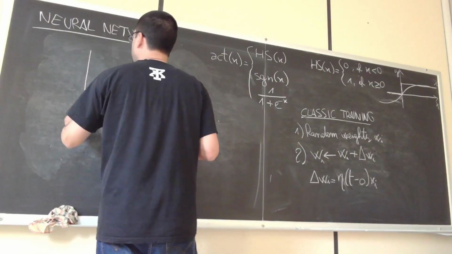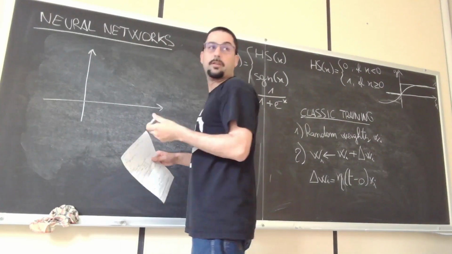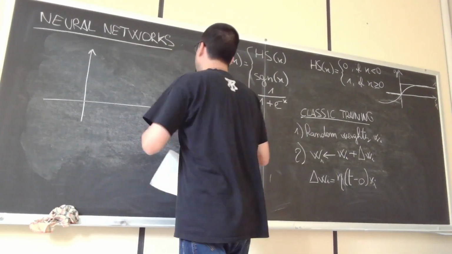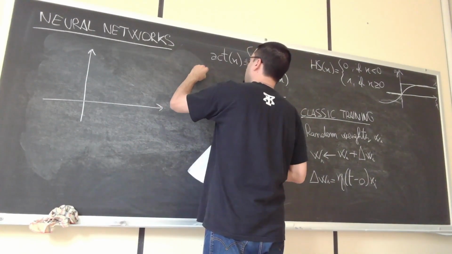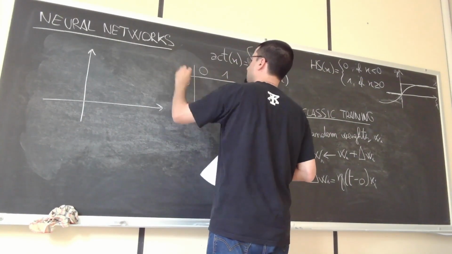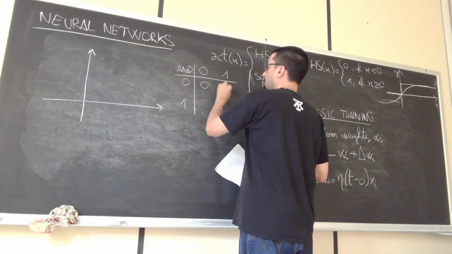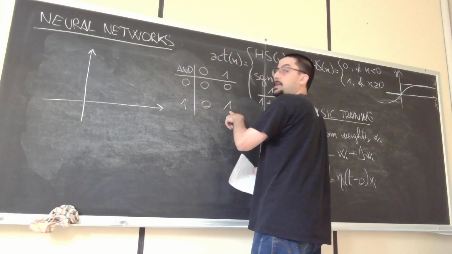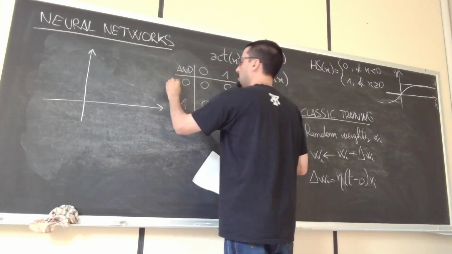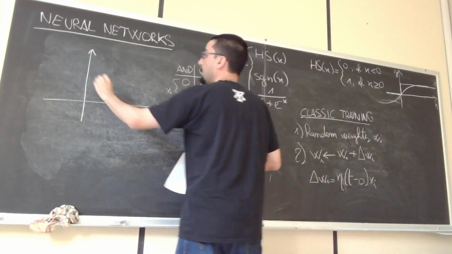So in particular, let's do a very simple example with Boolean functions. Let's say that we want to learn the Boolean function AND. So we have inputs 0, 1, 0, 1, and the AND of 2 bits will be 0, 0, 0, 1. So we say 1 only if both inputs x and y are equal to 1.